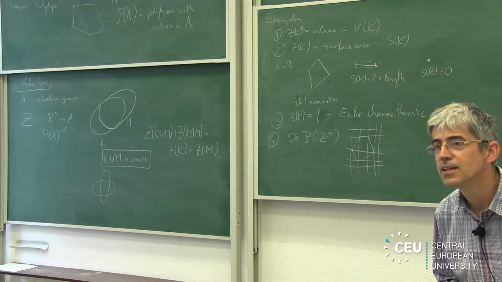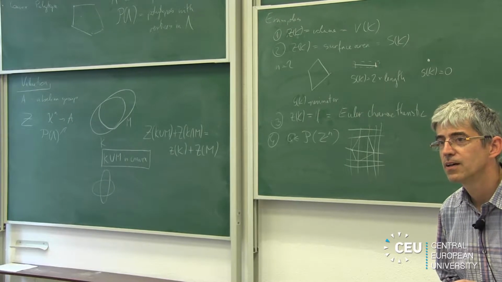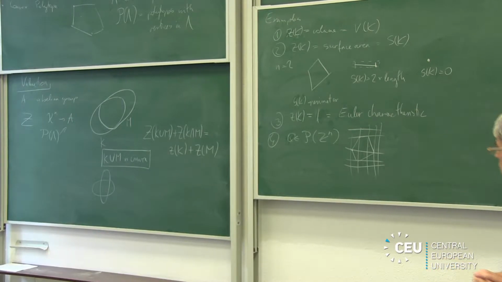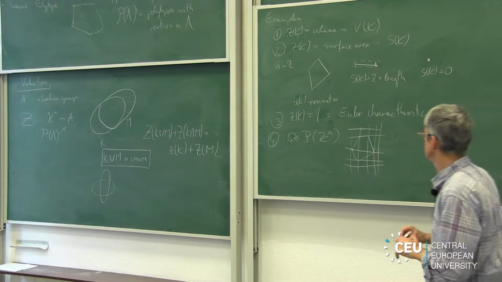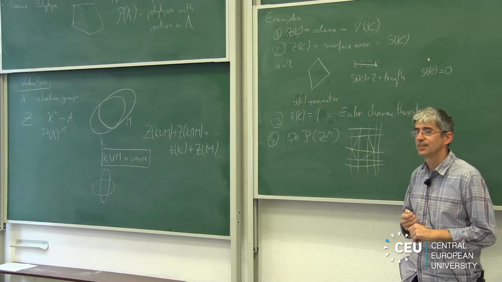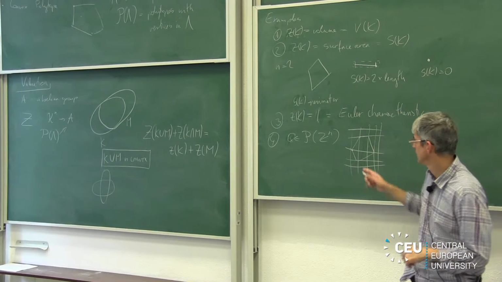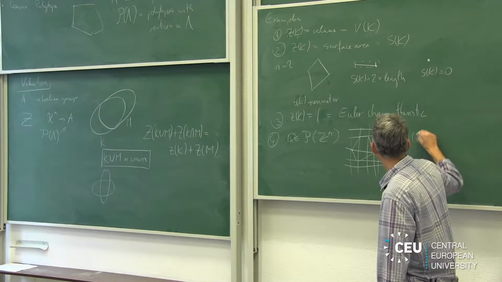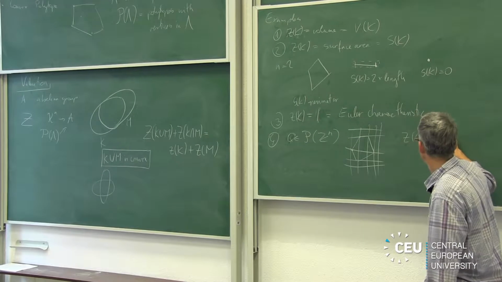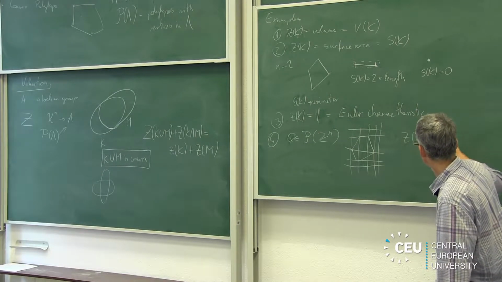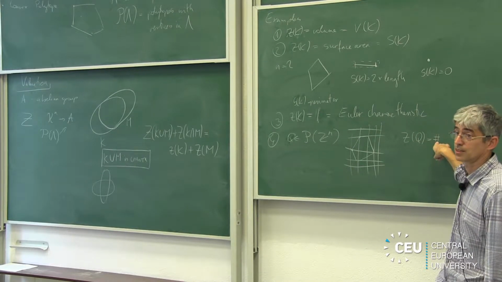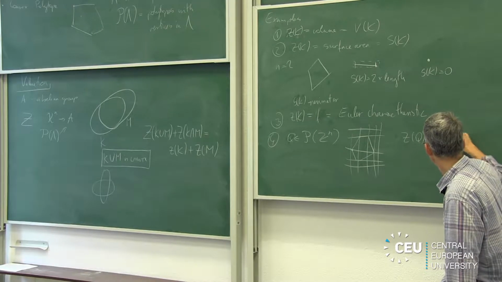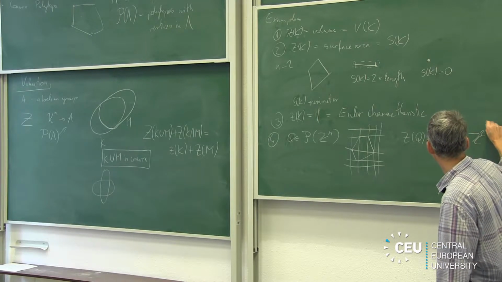Of the interior points? Actually the interior points is not good, but all points. Yeah, it's good. So then Z of Q is just the cardinality. So I write this for the cardinality now of Q intersected with Z^2.